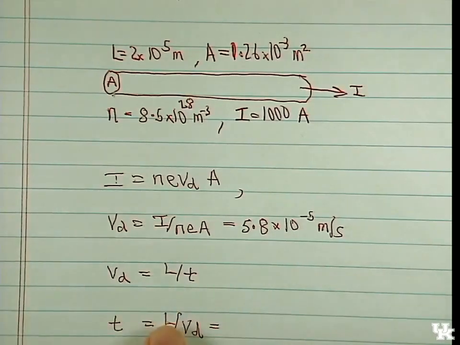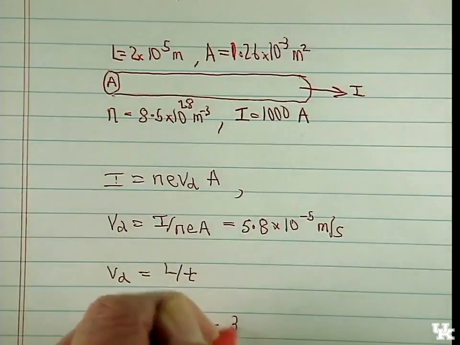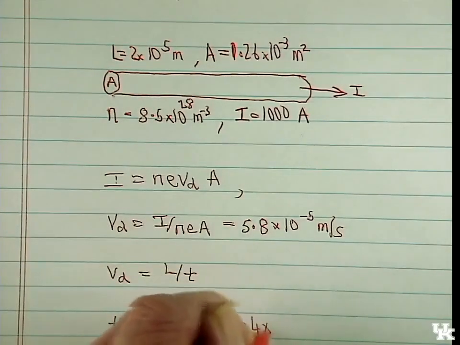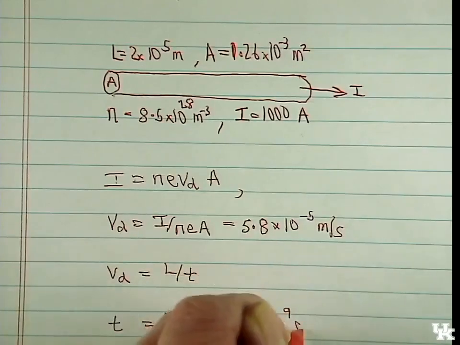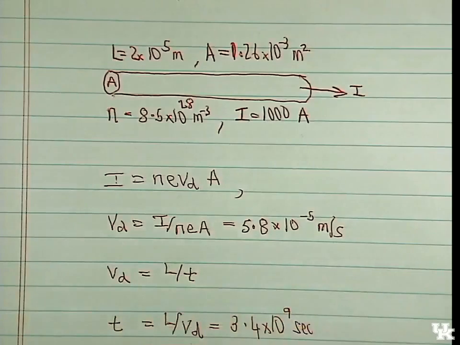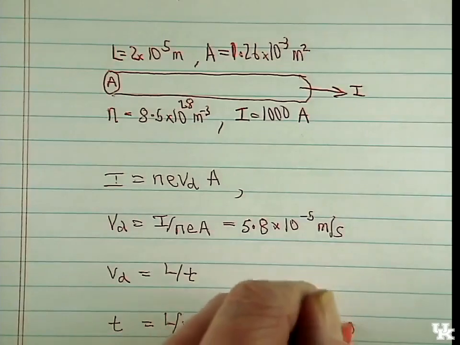The length of the wire is 2 times 10 to the 5 meters. The drift velocity was this 58 microns per second, so very, very slow. If I plug in those two numbers, I got 3.4 times 10 to the 9 seconds. That's a long time. It's hard to think about it. It's 110 years.